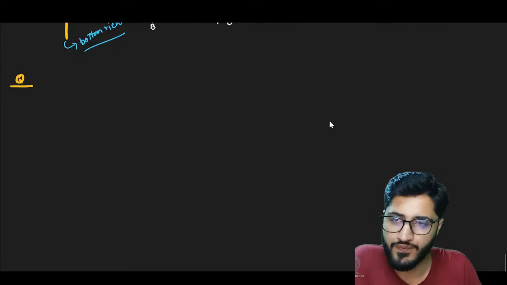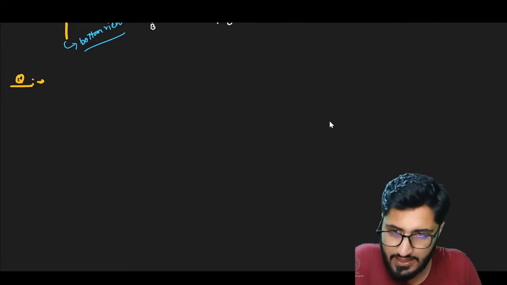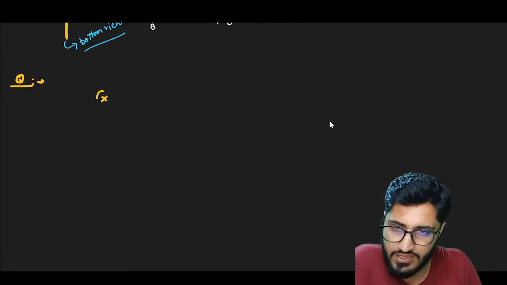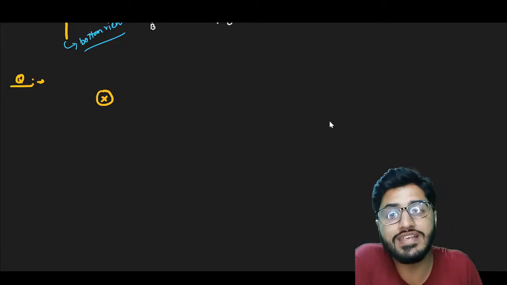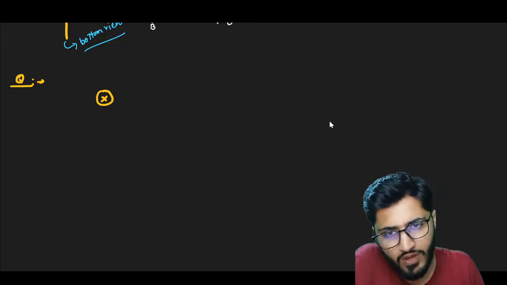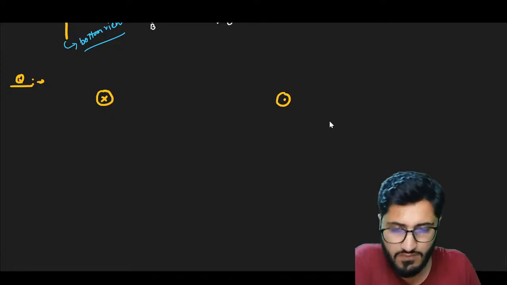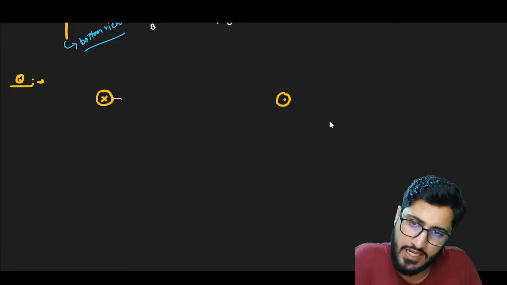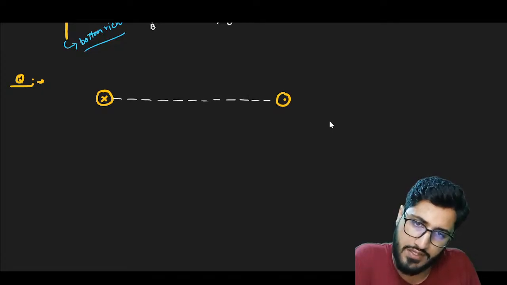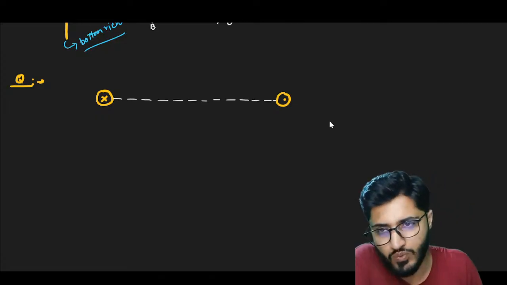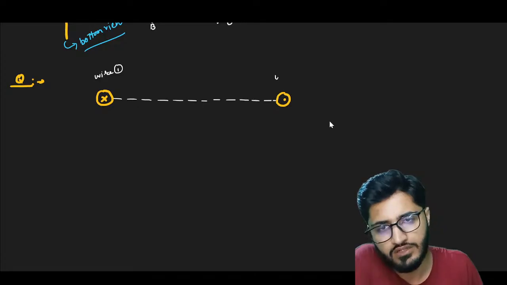Suppose now I have a wire which is a cross, that means going inside the plane. One more wire, a dot, means going out of the plane. I will just connect these two wires now. This is wire 1, and this one is wire 2.